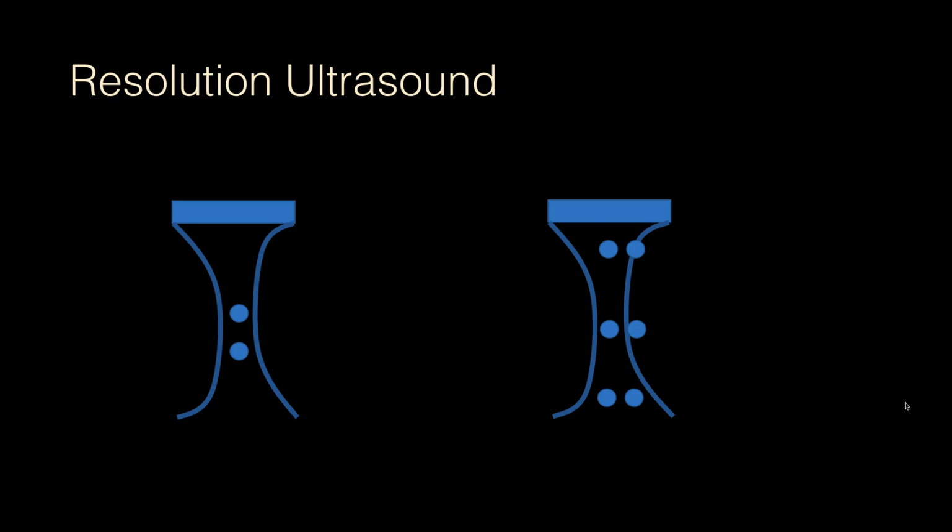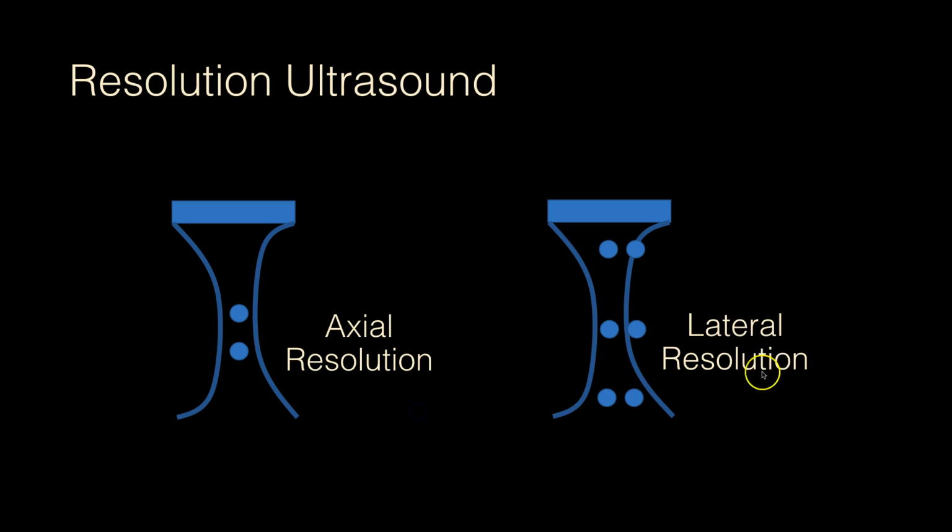One thing I wanted to talk about that's unique to ultrasound is the resolution in different directions being significantly different. So in ultrasound, we have what's called axial resolution, which is the resolution in this direction away from the probe, and the lateral resolution, which is side to side with respect to the probe orientation.